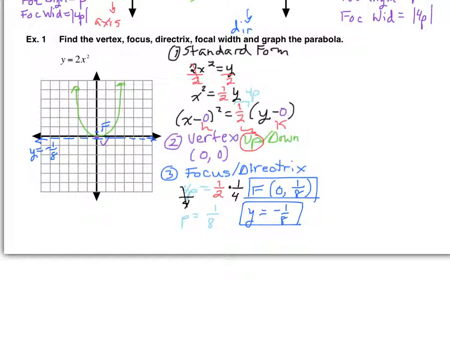And that brings us to our final item, which is our axis of symmetry. So step 4, the axis of symmetry always connects the focus and the vertex together, and it is always perpendicular to the directrix. So you might want to put here that it connects the vertex and the focus.